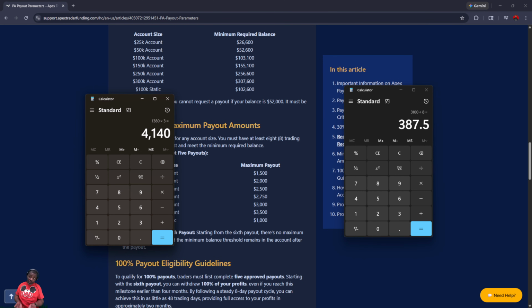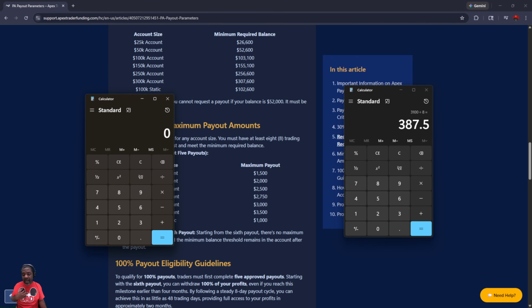And what you can't do is go in and just start trading super small size. If you get 1380, and then every day after that you're just trading really small size, they're going to get you for flip-flopping.